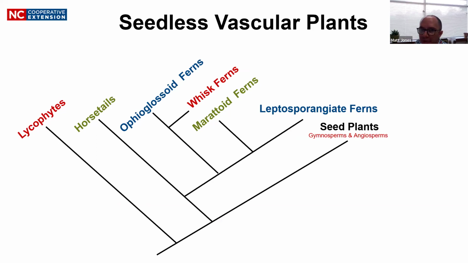Looking back to just the vascular plants here, we'll look first at the seedless vascular plants. So these are all of the Monilophytes in the broad sense. They include things like lycophytes, which are sometimes called club mosses, and some others, they're not really mosses, they're more fern-like. It includes horsetails, which are scouring rush, and they're not horses, and they don't have tails either.